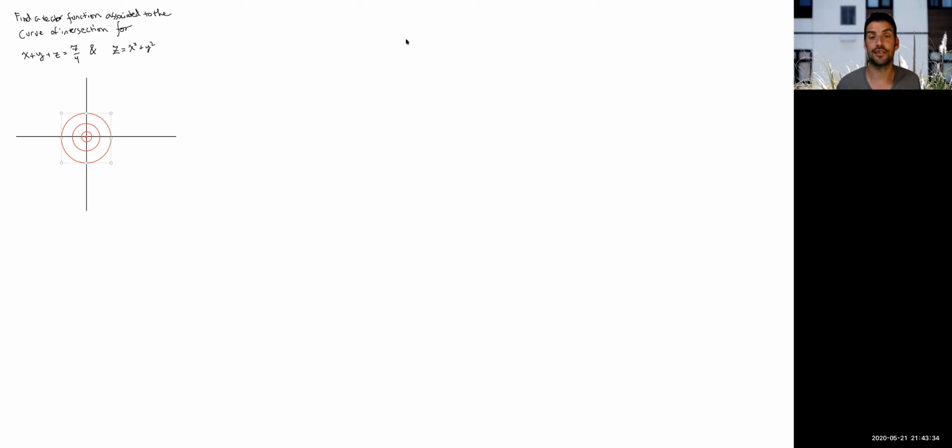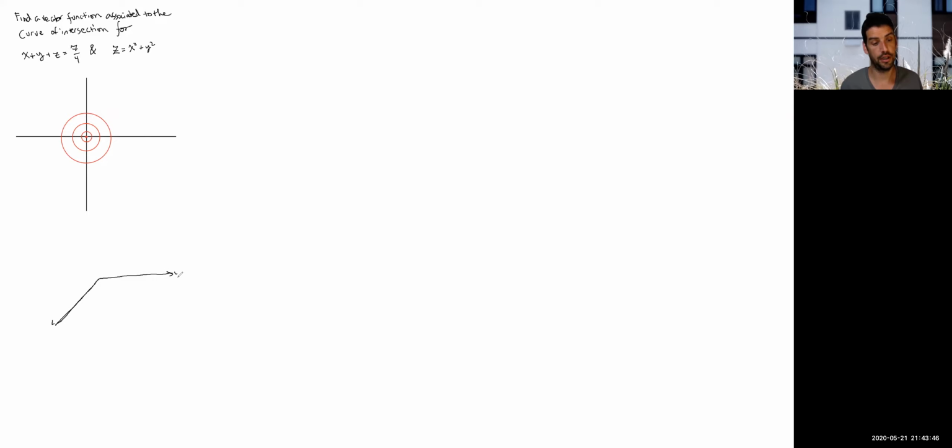So if I were to try to sketch this thing, right? Oops, there's my x, y, and z, right? It's going to be something like this, and I can imagine making it three-dimensional, right?